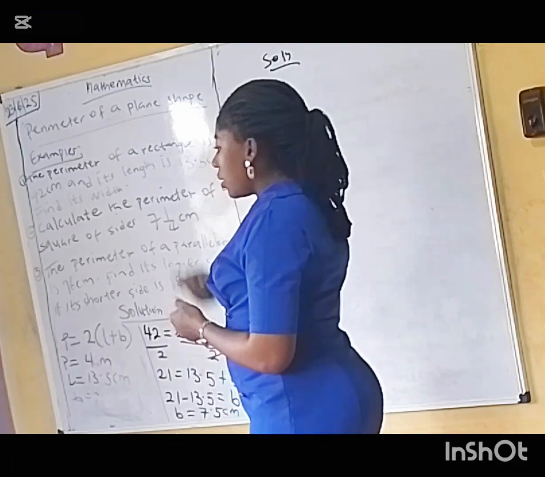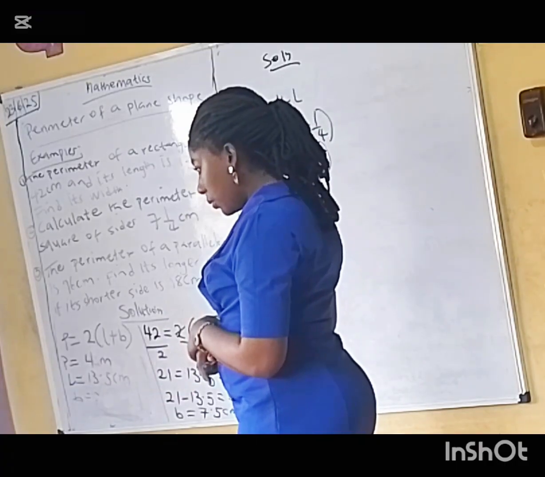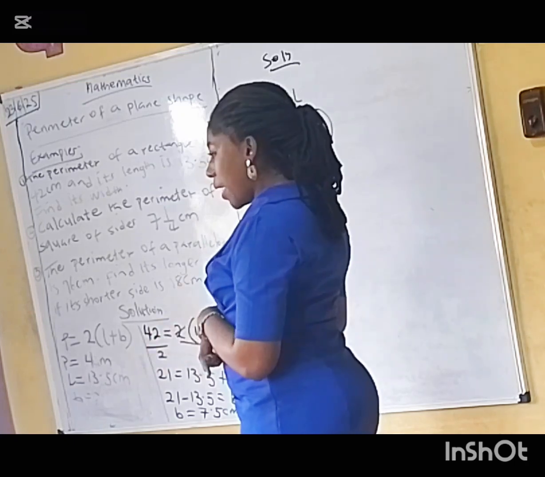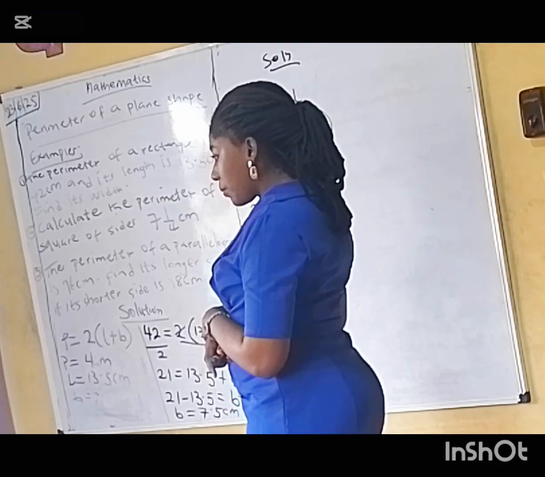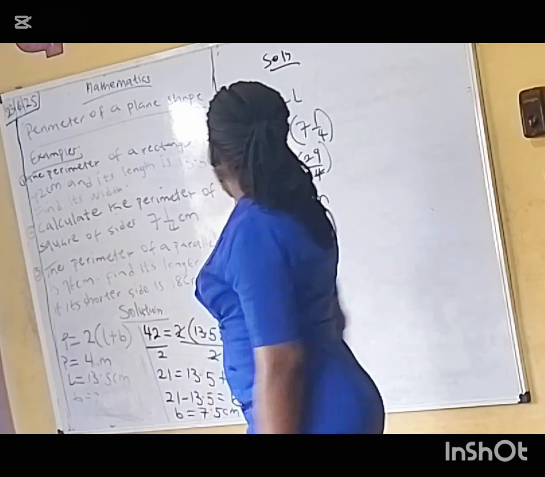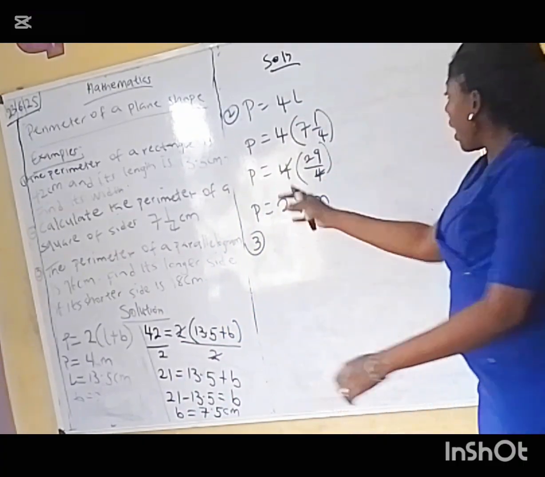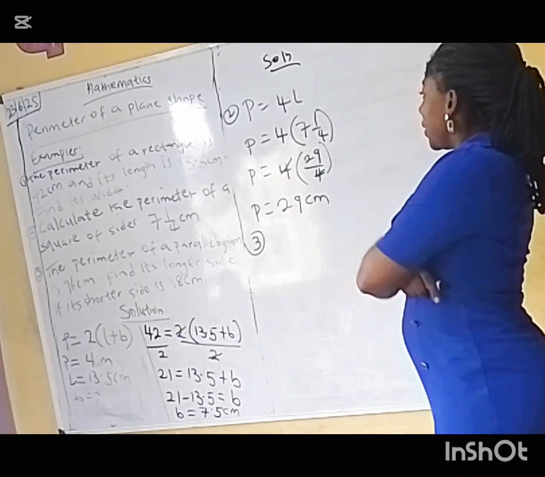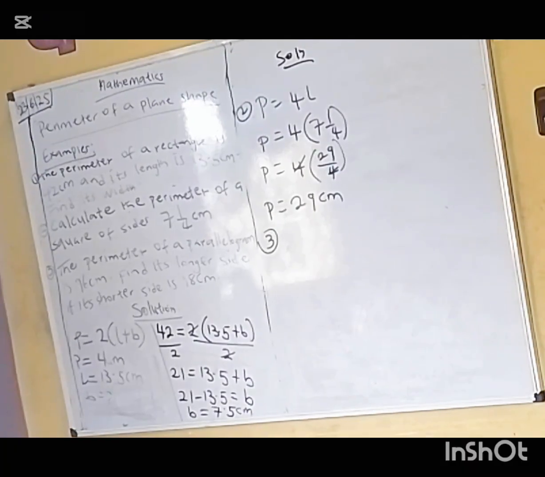The parallelogram has two opposite sides equal. So can you try it for me by yourself? Write down the example I gave to you on the board and try number 3 on your own. The perimeter has already been given.